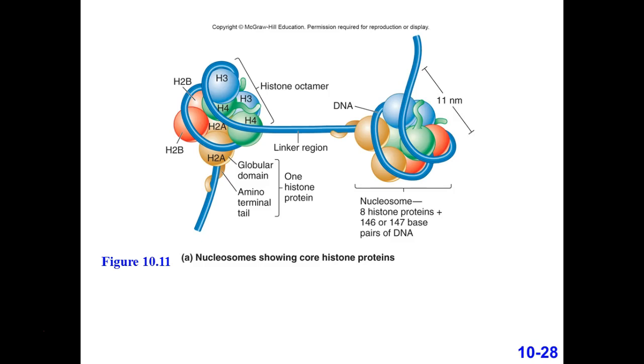So there is a diagram of it there. Of course, this is very simplistic as to how it actually is, right? These molecules don't look quite like this. But they do have an overall globular structure, and a lot of them have these tails that interact with the DNA as well. So H is for histone, right? And then we have them numbered.